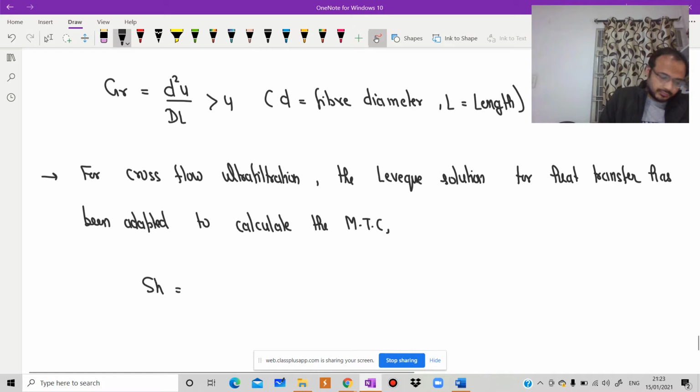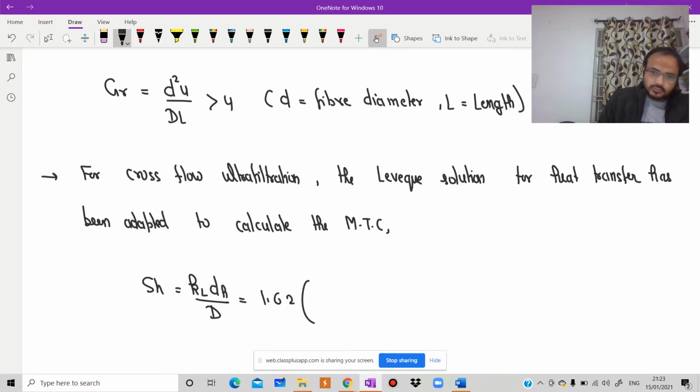Sherwood is equal to KL into dH by D is equal to 1.62 Reynolds into Schmidt into dH by L to the power 0.33.